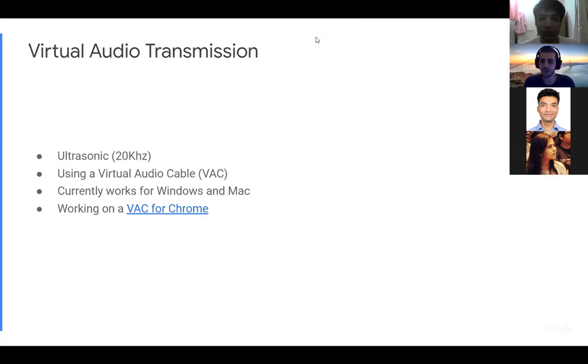So, to actually do this on the application side for the audio transmission, we first had to consider what audio we are going to pass through. We are using ultrasonic audio, which is roughly 20,000 hertz or higher.